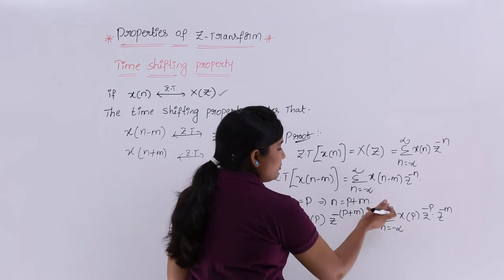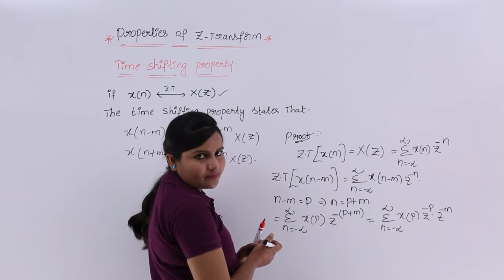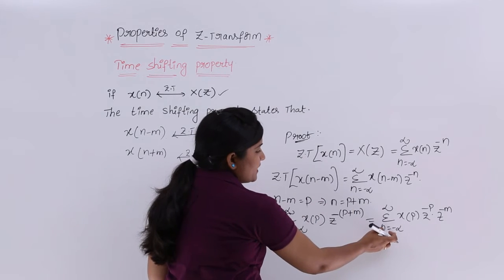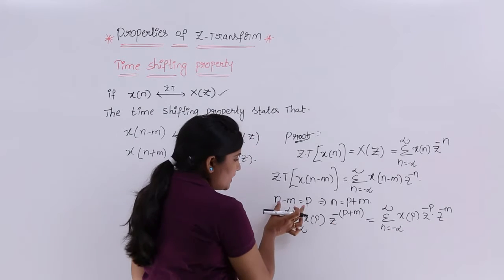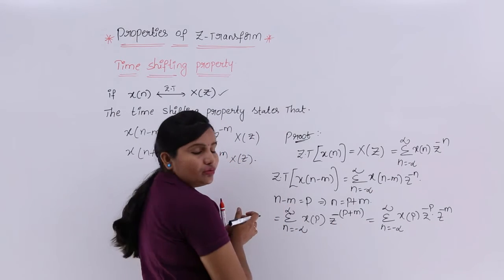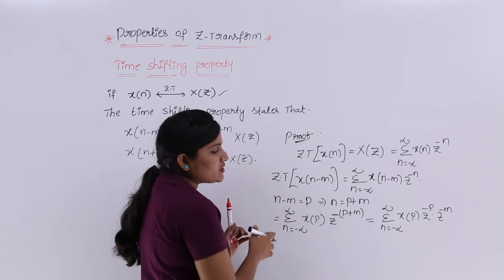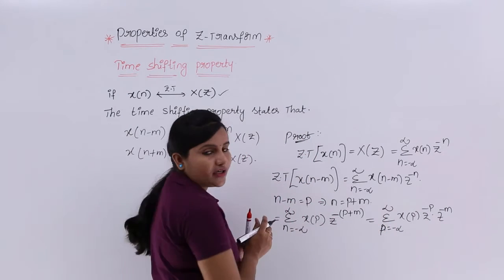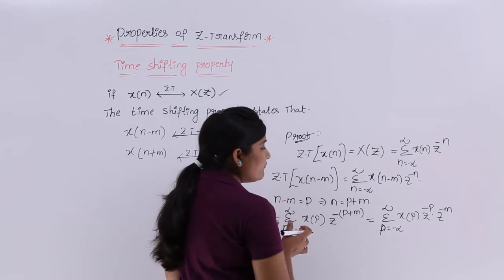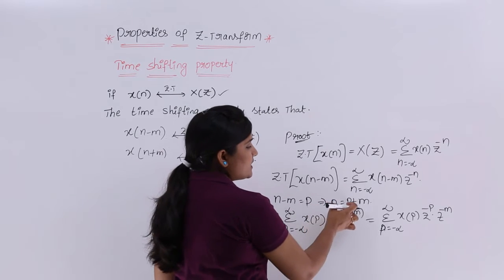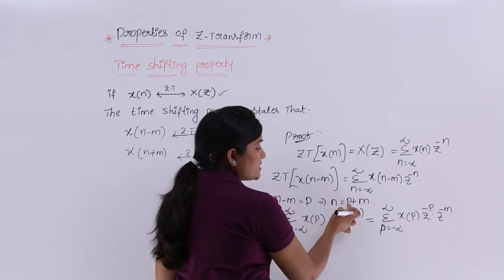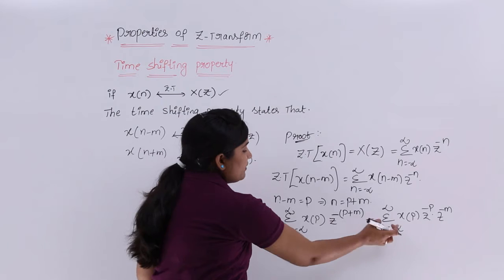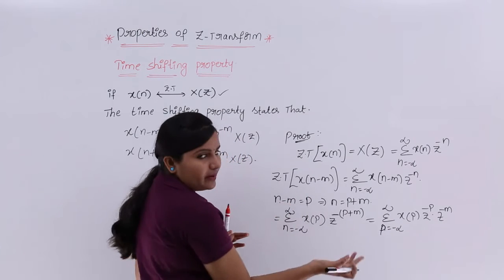For example, n equals p plus m, so p equals n minus m. When n equals minus infinity, the p value is also minus infinity.